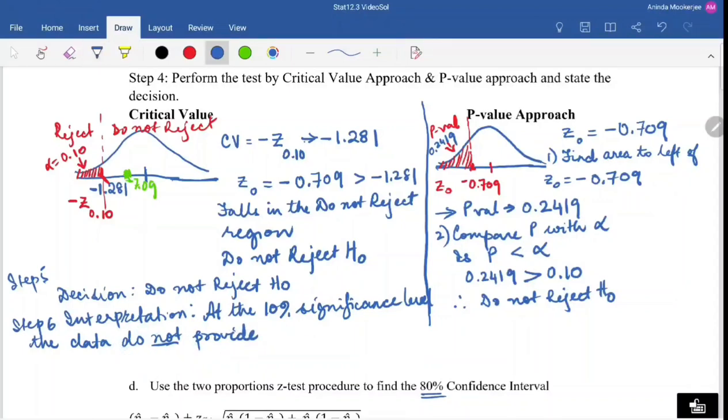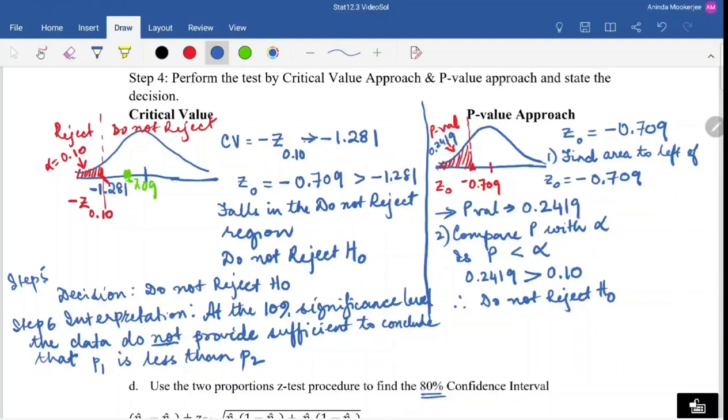And we have to say the data do not provide sufficient evidence to conclude that proportion 1, P1, is less than P2. Now, this is not an application-based problem, so we cannot interpret it in context of the problem.